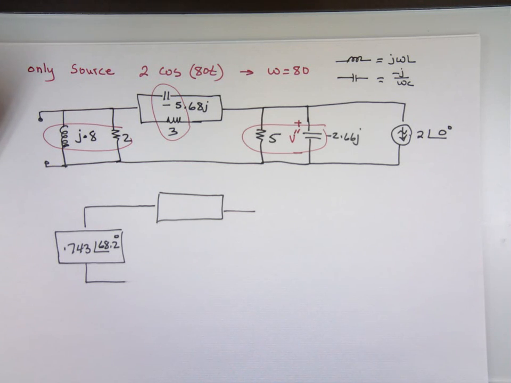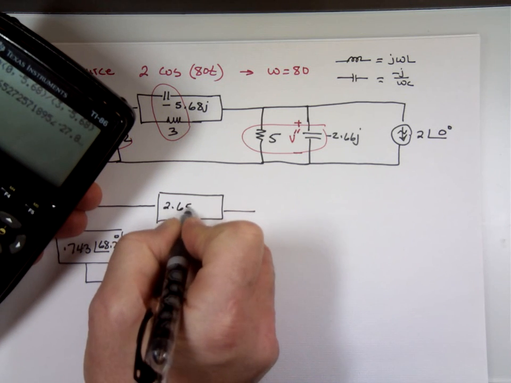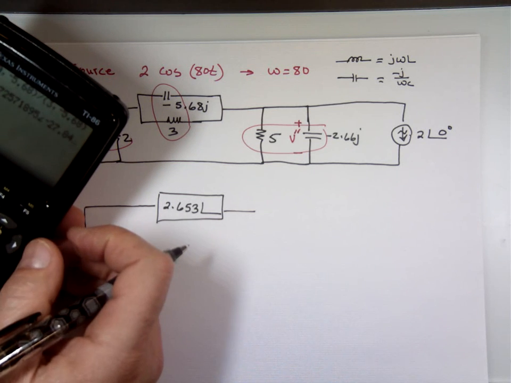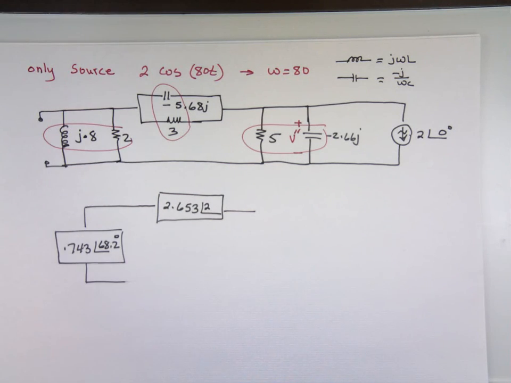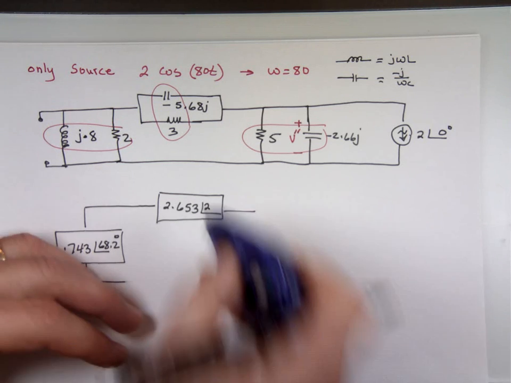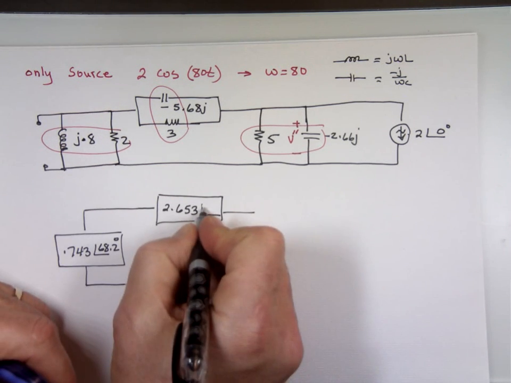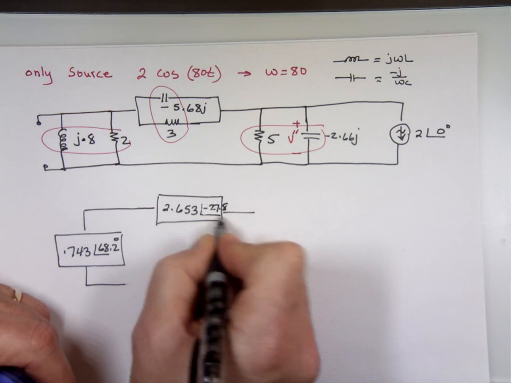That's 2.65, angle negative 27.8. Negative 27.8, not a plus. I just ran out of space there.